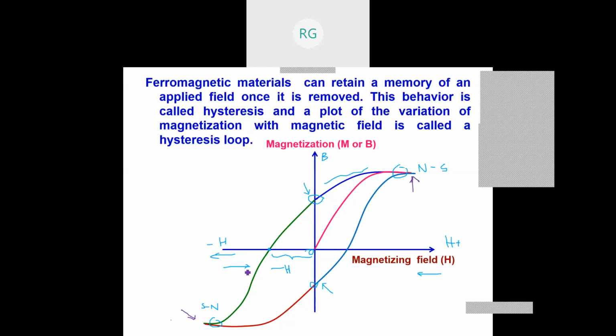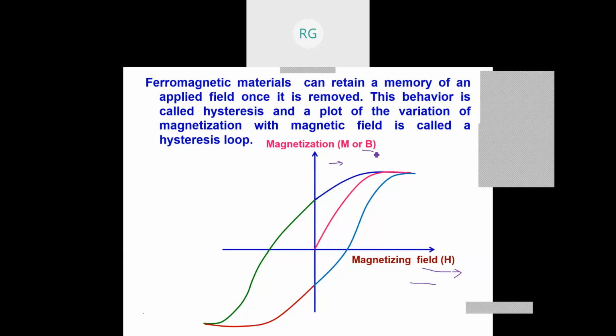So from this curve, as the magnetic field H is increasing, of course B is also increasing. When the magnetic field is decreased, B is not coming to 0. That means there is a phase lag between applied field H and magnetization B. You studied in our other classes that when a voltage is applied, the current in the circuit may lead or may lag depending on the components in it.